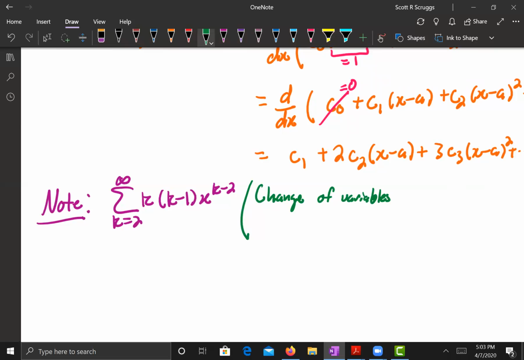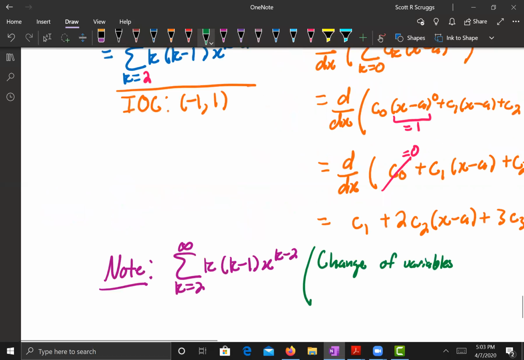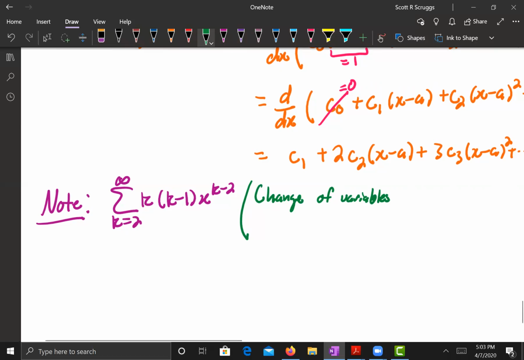But when I'm using it in this case for a series, I am essentially going to change the index of my series. And here's how I'm going to do that. If I'm going to change the index of my series, then my thought process is as follows.